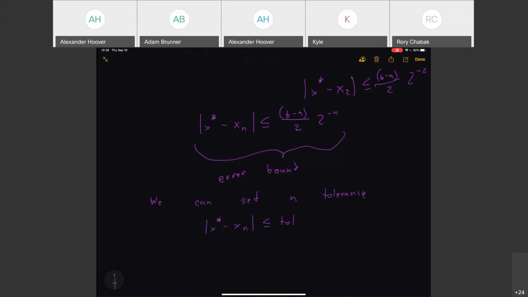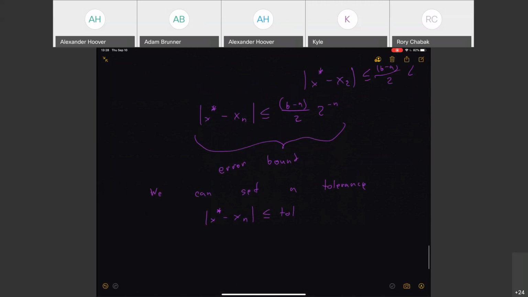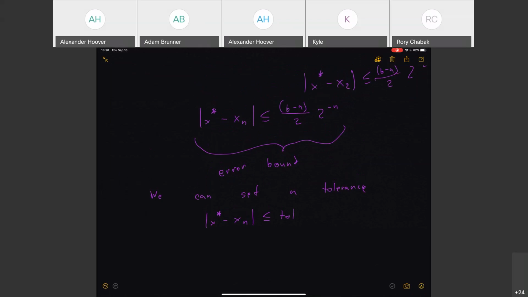And with that, we can use these two facts to determine the number of iterations we take.